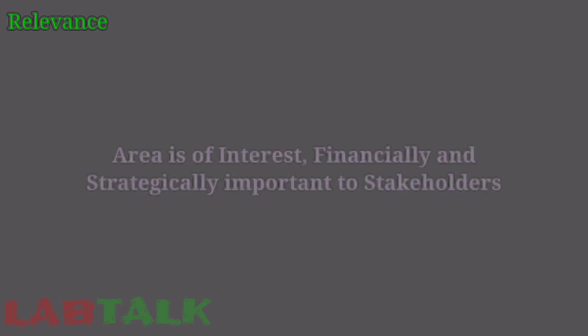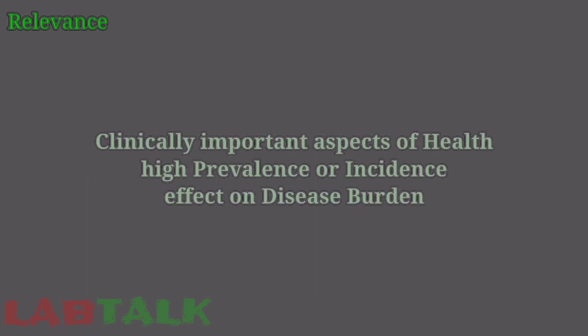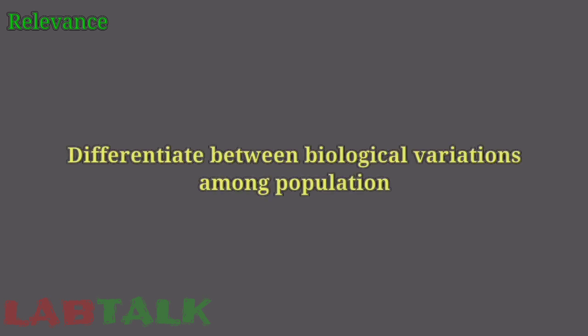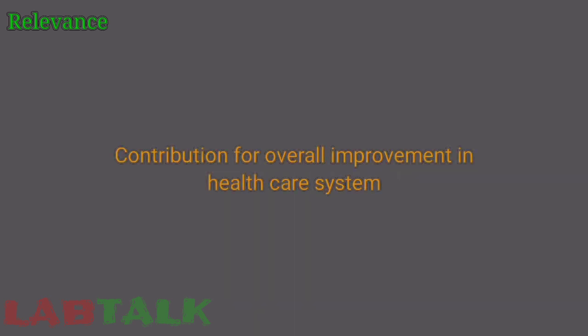In relevance, we have to see whether it is relevant to the area of interest, whether it is financially and strategically important to stakeholders, and clinically important aspects of health defined as high prevalence or incidence and significant effect on disease burden. We also see whether it differentiates between biological variation among populations, and how much it contributes to overall improvement in the healthcare system.